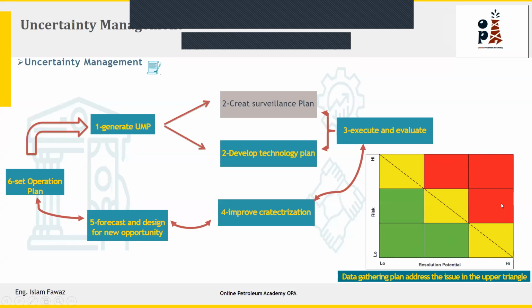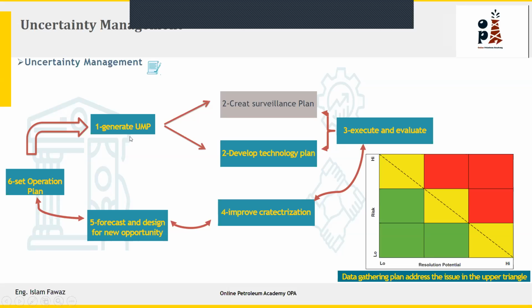In this red area, we have higher potential and high risk, higher rate and higher risk. So we need some surveillance to move this opportunity from red here to low. This resolution matrix is very important, and we put all the opportunities, in terms of rate or NPV, in this resolution matrix here.